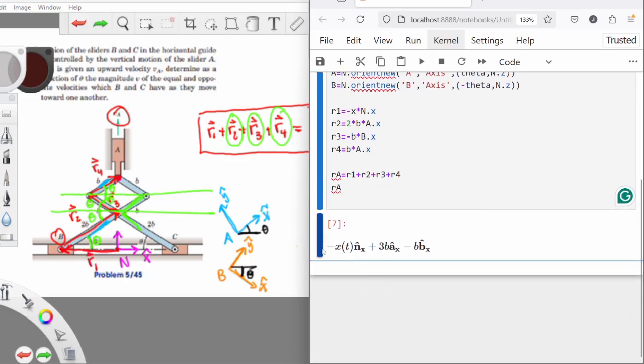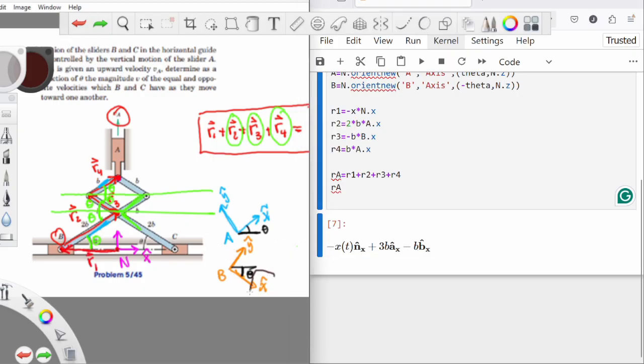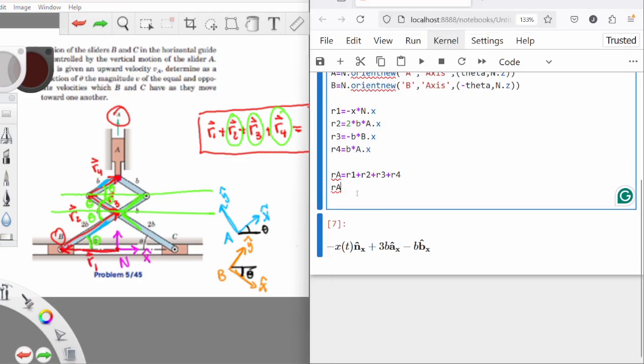So we move to the left x in the x hat direction, then we move 3b in the ax direction, so we move up 3b, and then we move b to the left on the x hat b vector, so that we arrive here. We confirm that the vector description is correct, and now we can use this equation so that we can relate our variable theta with our variable x and with the position of the point A.